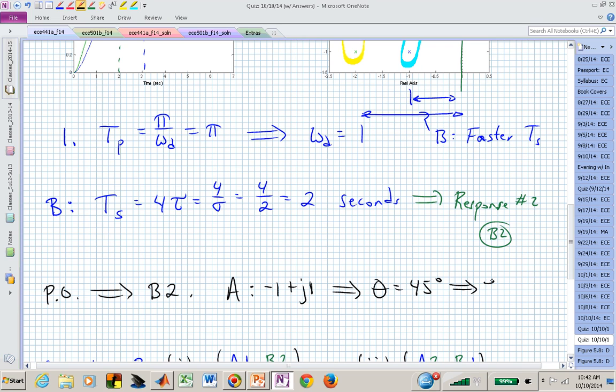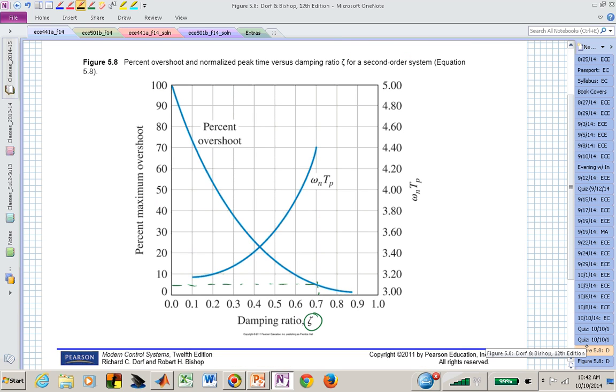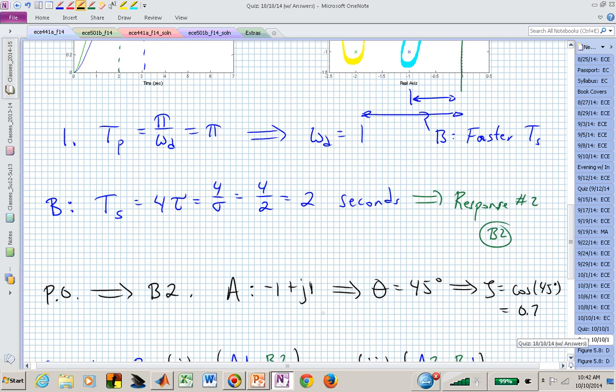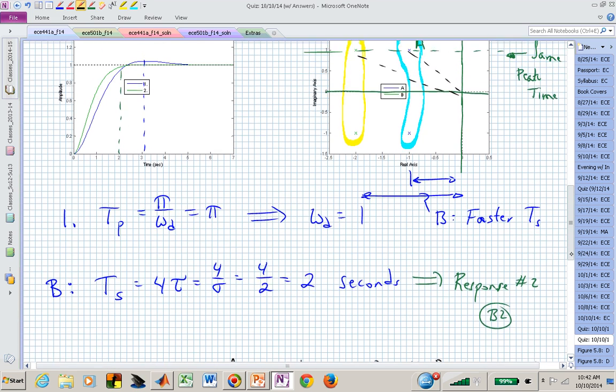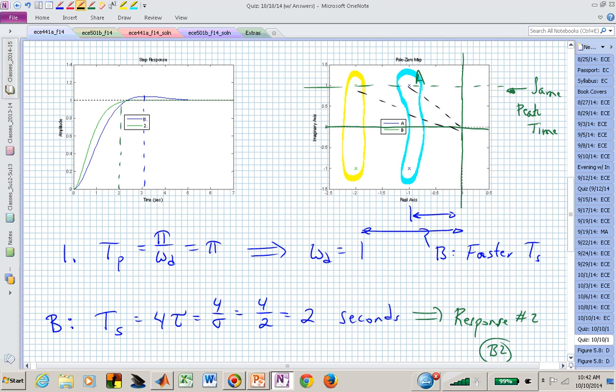If we find zeta from that angle, we now see that that gives us a zeta value of about 0.7, and we've already seen that for a zeta value of 0.7, that corresponds from figure 5.8 to a value of 5%. And so for the A poles, we would expect a percent overshoot of about 5%.